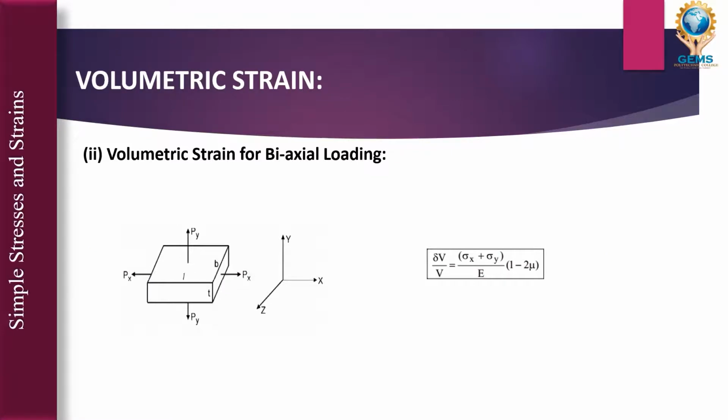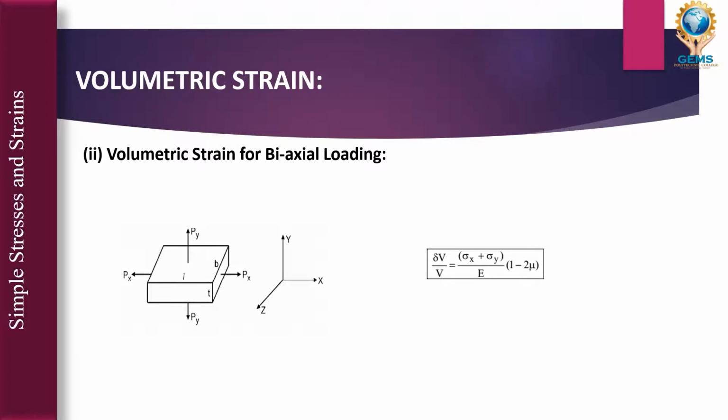The second thing we will see is volumetric strain for biaxial loading. Before we saw uniaxial, now we will see biaxial. Biaxial means strain will act in two axes. Here see, in the y-axis also strain is acting, in the x-axis also.